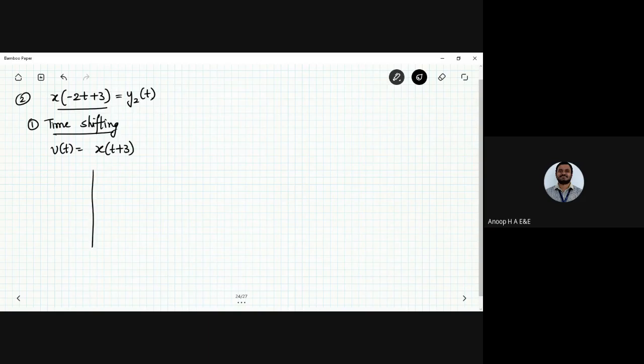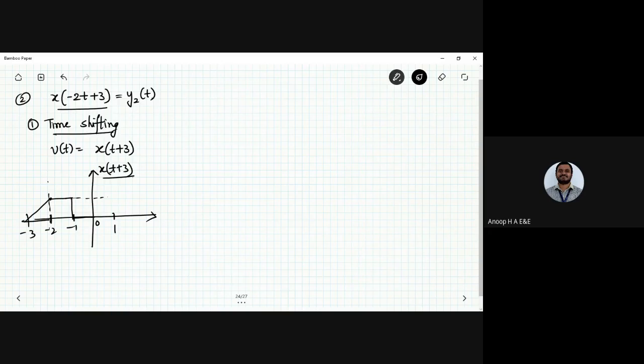Let me quickly sketch the signal for x of t plus 3. That is minus 1, minus 2, this is minus 3. So it is moved towards the right by 3 units. It is like this, minus 2 to minus 1, and it is 0 here, this is 1. So this is what x of t plus 3 is going to represent.